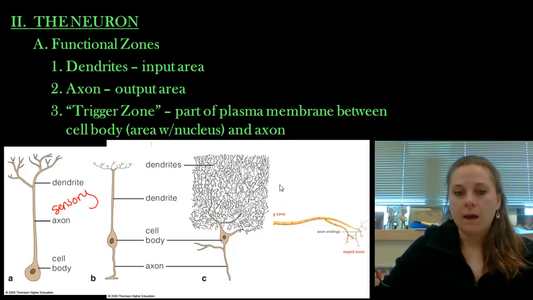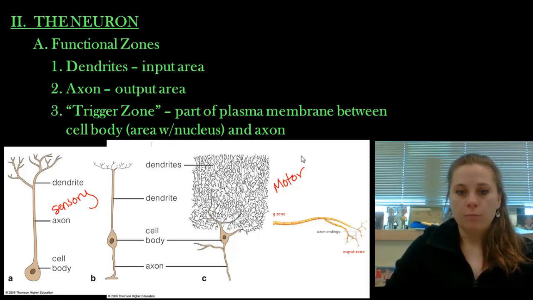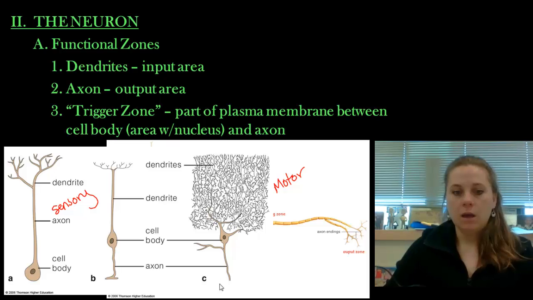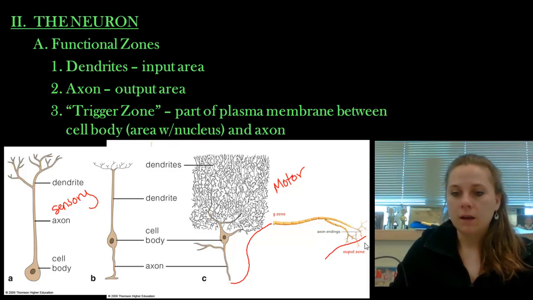Over here, C would be considered a motor neuron, where we get a lot of input signaling coming in and then sent down the axon, and in essence this would continue on, that's not the end of it, to something like this, which would then elicit a response at a muscle, let's say.